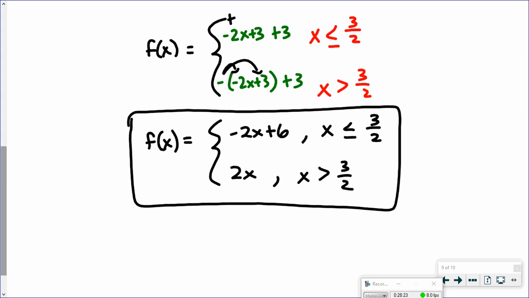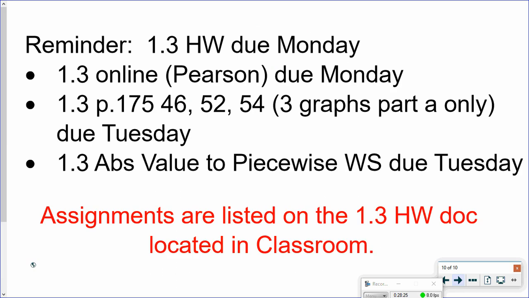Okay, so homework. So your 1.3 homework, some of it's due Monday and some of it's due Tuesday. The Pearson homework is due Monday. You can now do all of it, so I think there's 14 total, so 1 through 14. Then you need to do 1.3, page 175, 46, 52, 54 on graph paper, but you only need to do part A of those.